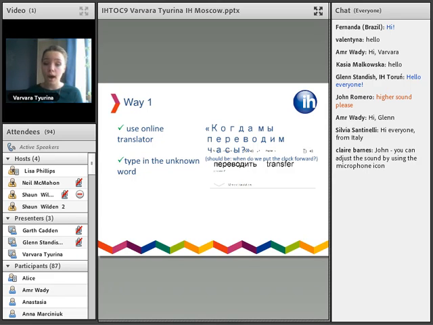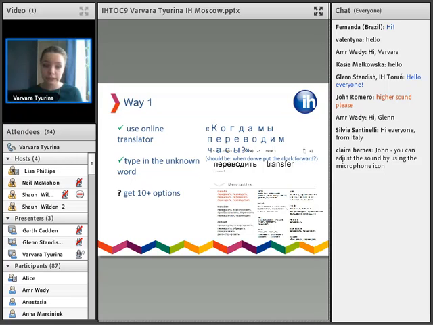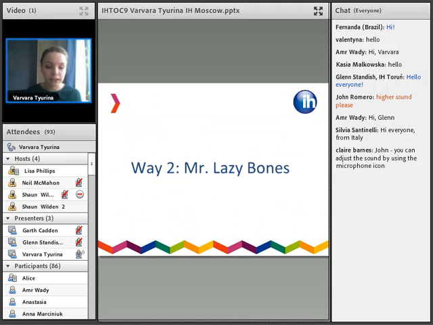He gets one of the most frequent translations, and then also 10 plus options of how to translate this word. And what happens next is students usually choose randomly from the list because they do not have any extra information about the word. They just have the list of words. And sometimes they are lucky, sometimes they are not very lucky.